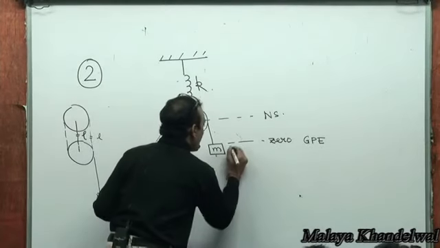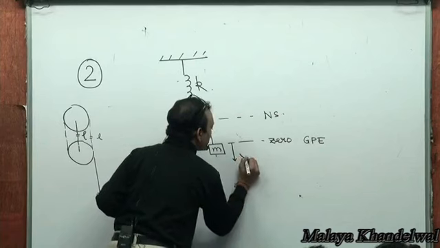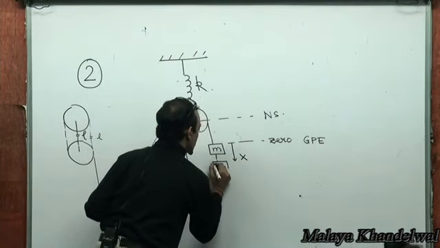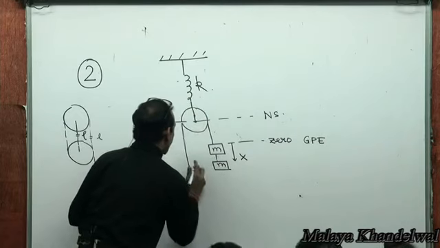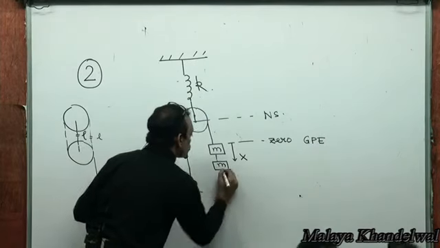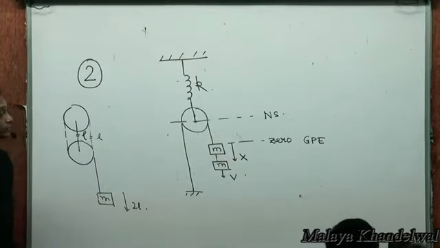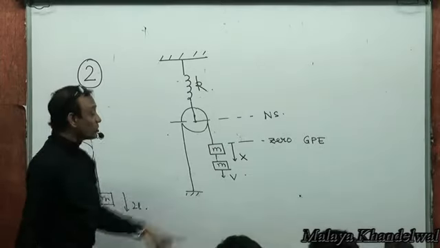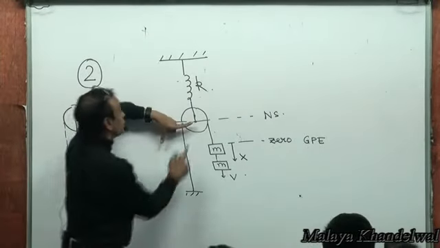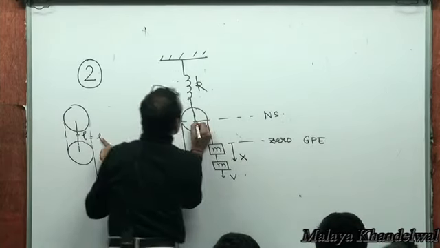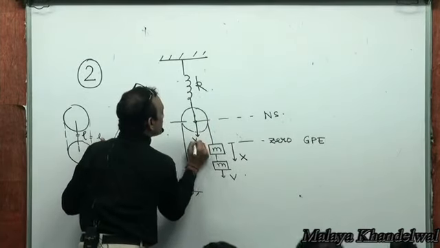So if the mass after a while descends by an amount x, it would have developed a downward velocity by this time. And the pulley then would have got down by an amount x by 2. Yes or no? So the pulley moves down by an amount x by 2.